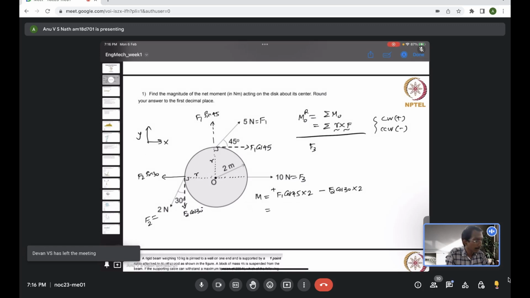Remember F1 has a value of 5 Newton, so 5 into cos 45, which is 1 by root 2, times 2, minus F2, which is 2 Newton, so 2 times cos 30, which is root 3 by 2, times 2. You can simplify and you will get 5 root 2 minus 2 root 3, which let me evaluate.